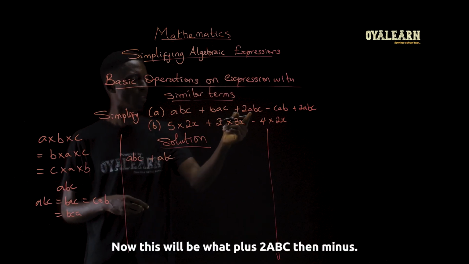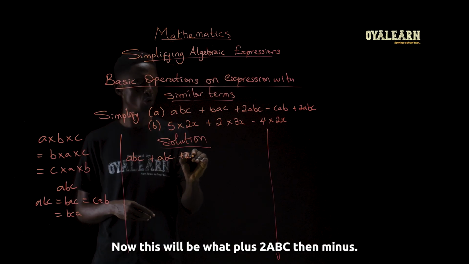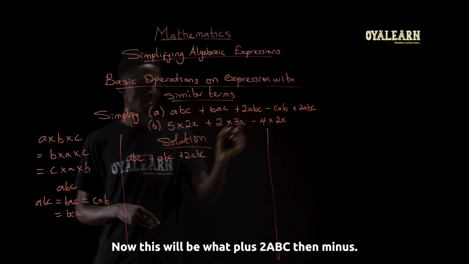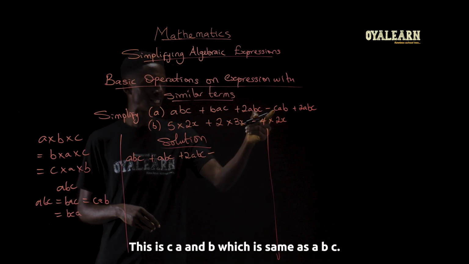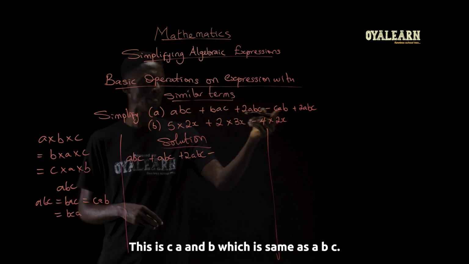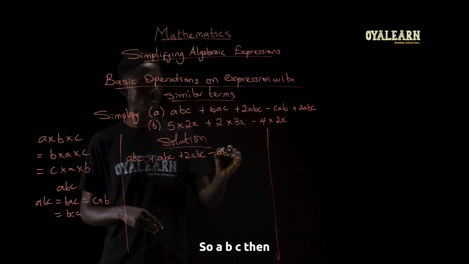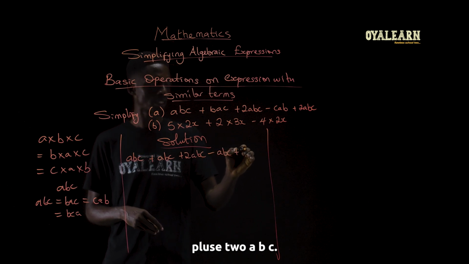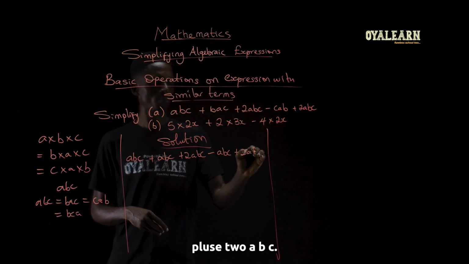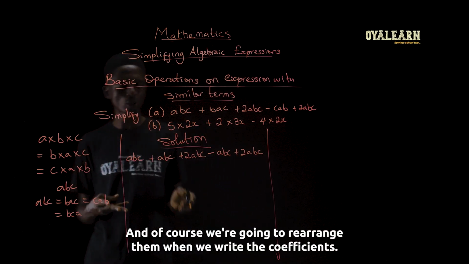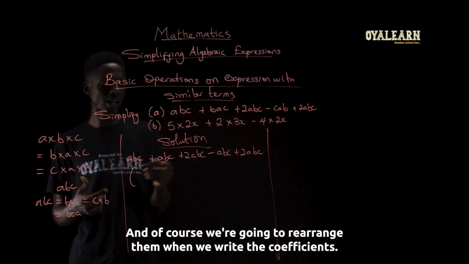Now this will be plus 2ABC, then minus, this is CAB, which is the same thing as ABC. So ABC, then plus 2ABC.